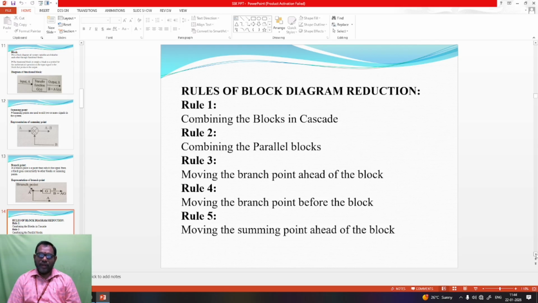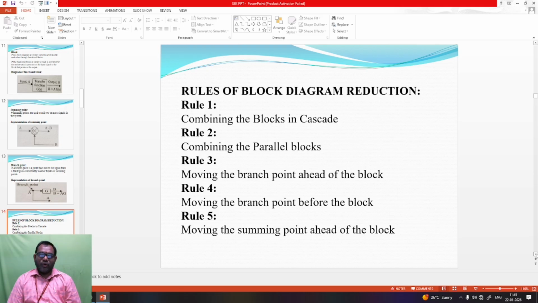The branching point is moved after the block, that is, ahead of the block. And rule 4 is moving the branching point before the block G. These are the rules for moving the branching point from after the block to before the block.